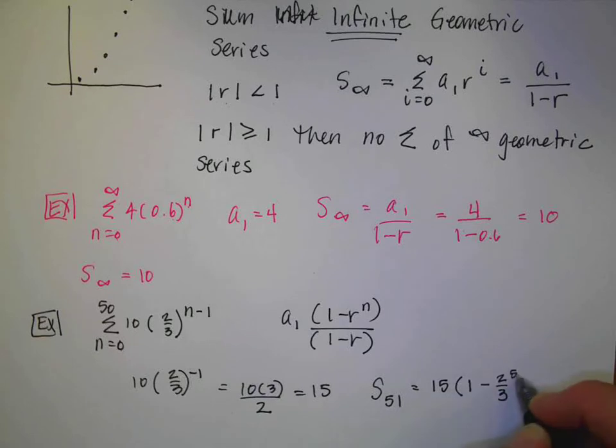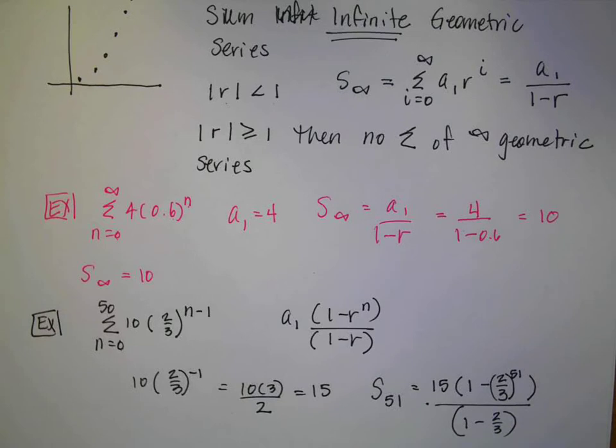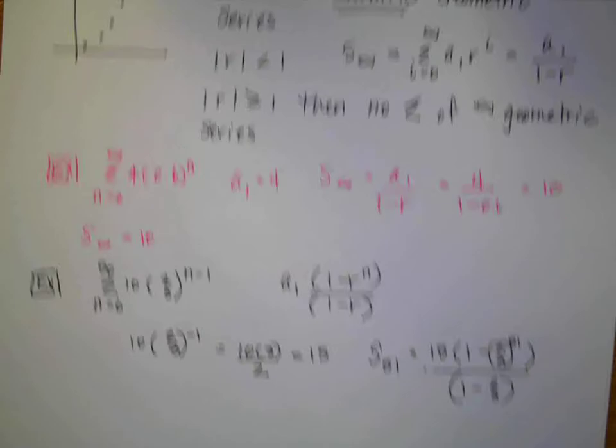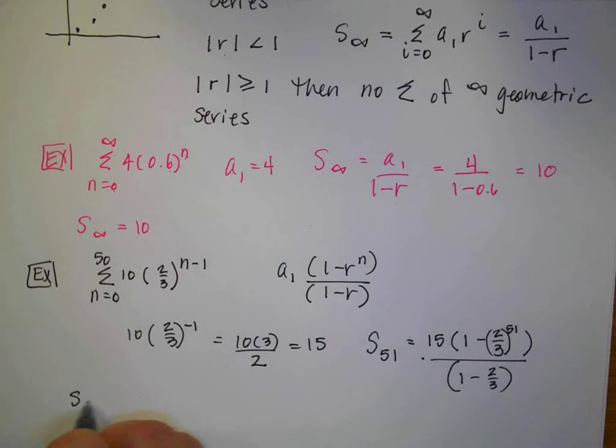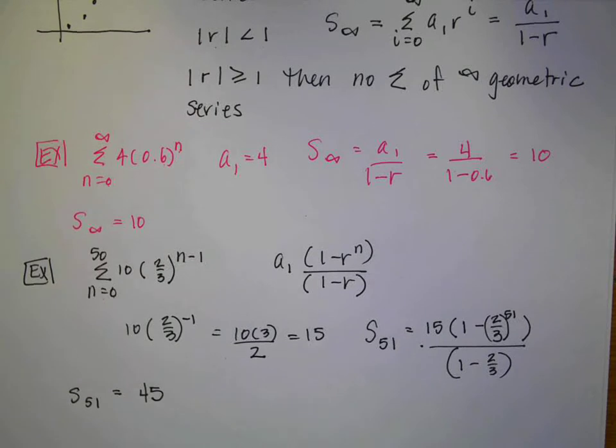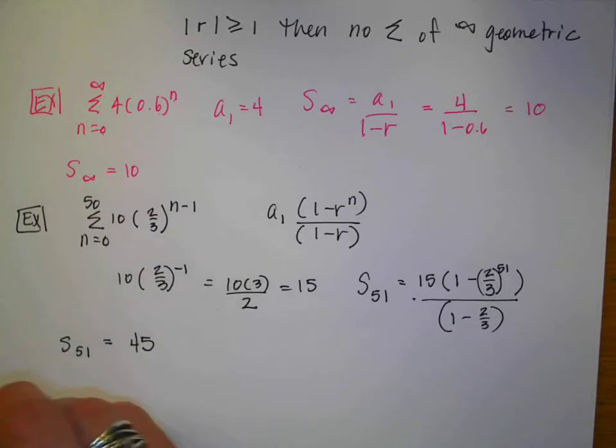I am summing 51 terms, so the sum is going to equal my first term times 1 minus (2/3) raised to the 51, divided by 1 minus 2/3. If I do that math, which I am incapable of doing by hand, I would get that S of 51 is equal to 45. So sometimes with sequences and series, they do like to mess with your head and throw in some unique problems.